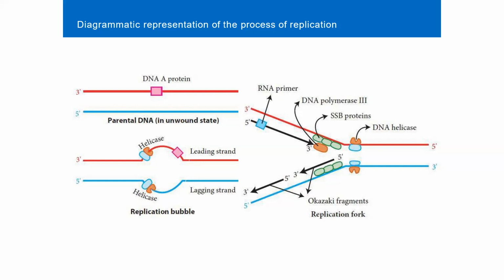Apart from the main function of DNA synthesis, DNAP3 also possesses proofreading ability, and it checks the incoming nucleotide and allows only the complementary base pairing, preventing any sort of mismatching, and this ensures a high degree of fidelity during the replication process.